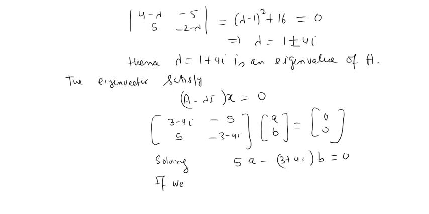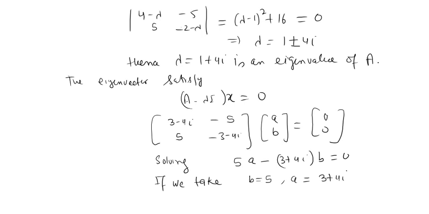If I take b equal to 5, then you get a equal to 3 plus 4 iota.